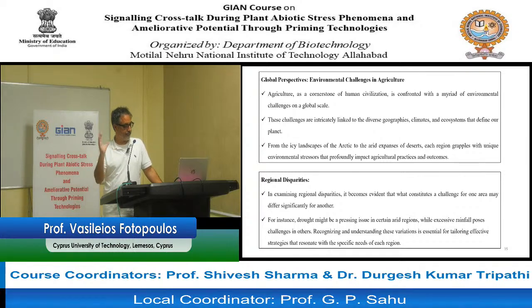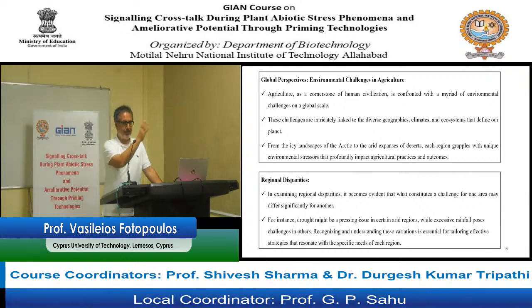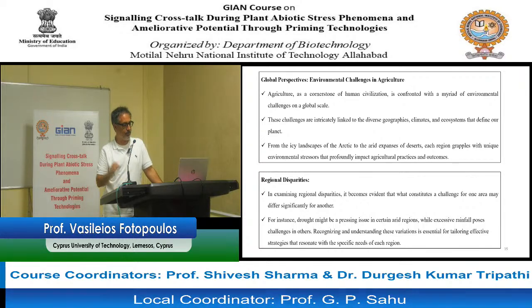From the ice-ridden landscapes of the Arctic to the arid regions of the deserts, each region has to deal with its unique stressors that represent very specific signatures of plant responses.